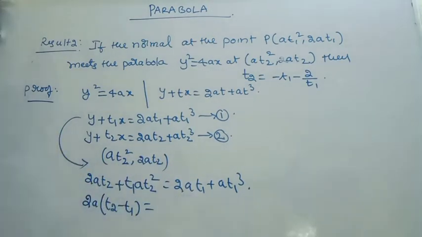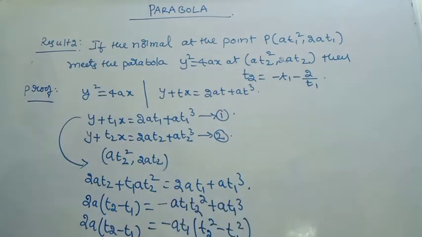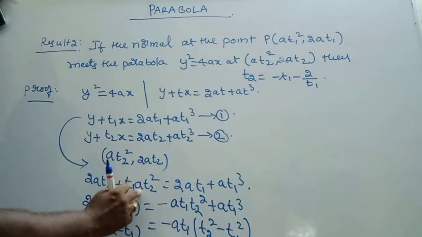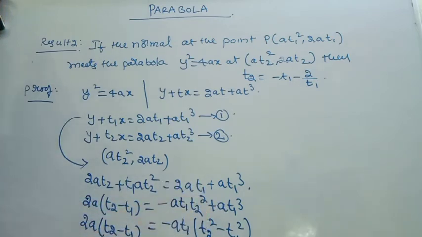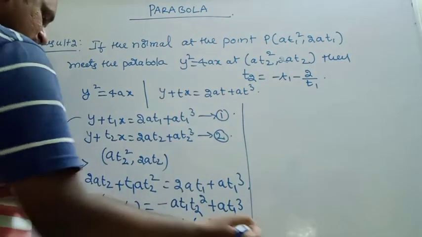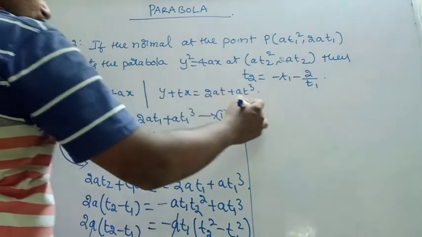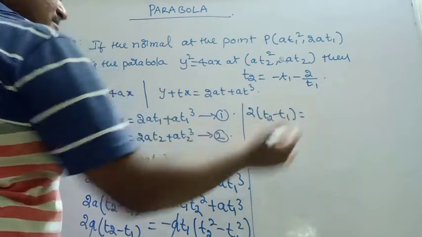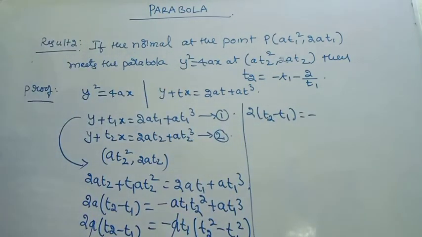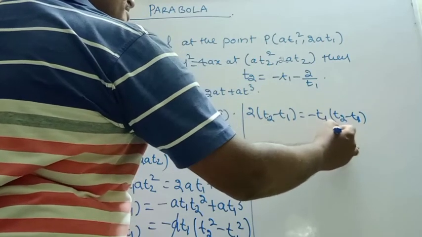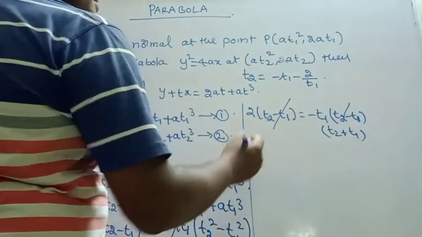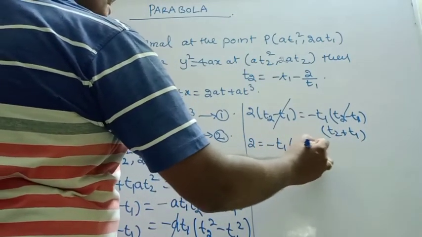Once you transfer this to this side, we get 2a times (t2 - t1) equal to, taking minus at1 common, this becomes t2² - t1². Now the a will cancel, and 2(t2 - t1) is equal to minus t1 times (t2² - t1²), which is minus t1 into (t2 - t1)(t2 + t1). The (t2 - t1) will cancel. Now 2 = -t1(t2 + t1).